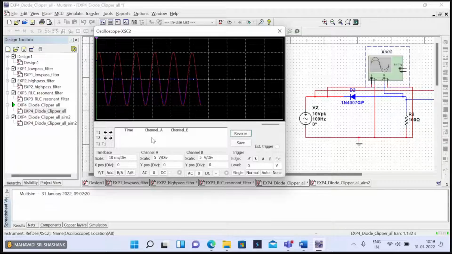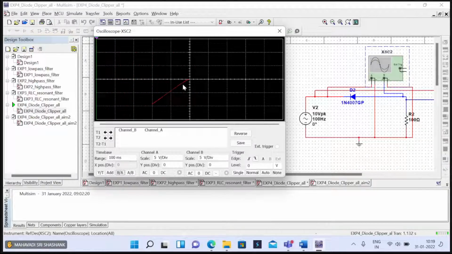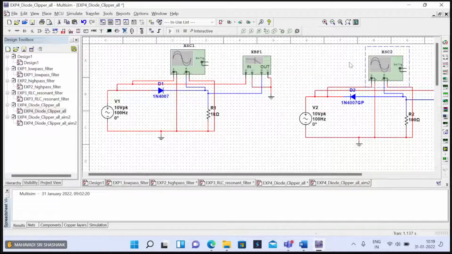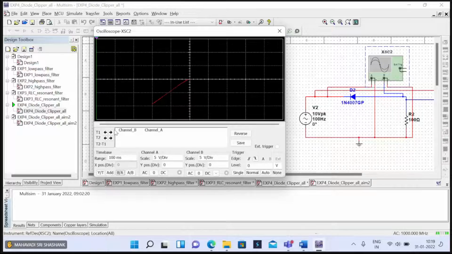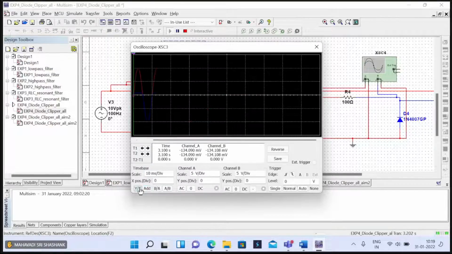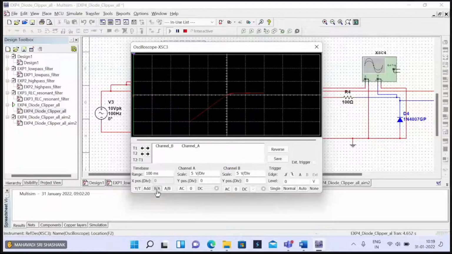No, it's okay, I can see it. Okay, it is the negative clipper and transfer characteristics also. Yes, ma'am. And this is shunt positive and shunt negative. This is shunt negative. This is the output waveform and the transfer characteristics is here.